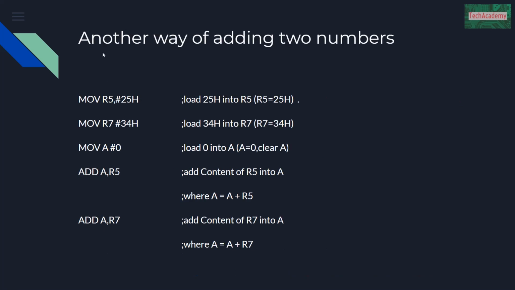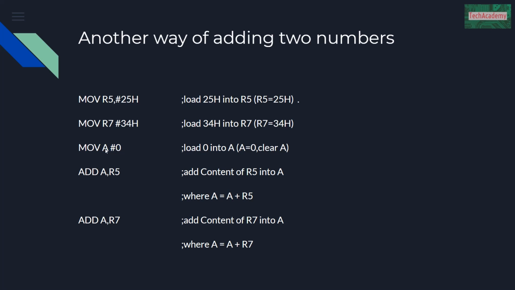Let's see another example using this add instruction. Here we are going to add the same two numbers, 25H and 34H, but here R5 is holding 25H. This instruction moves 25H into R5, then 34H is copied into R7, and then we have another instruction, move A, #0.